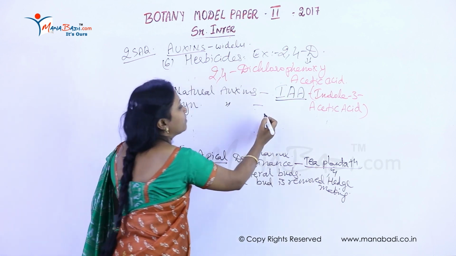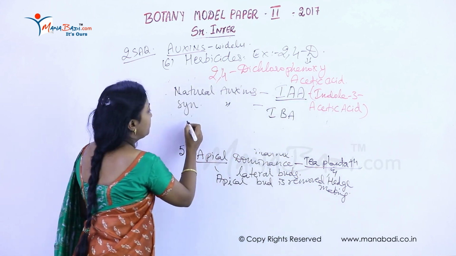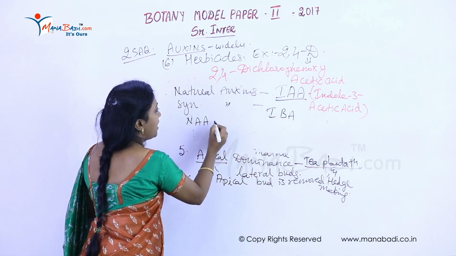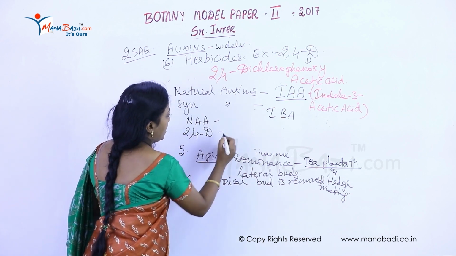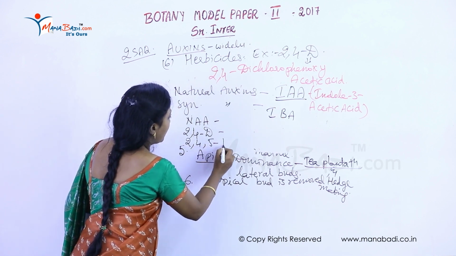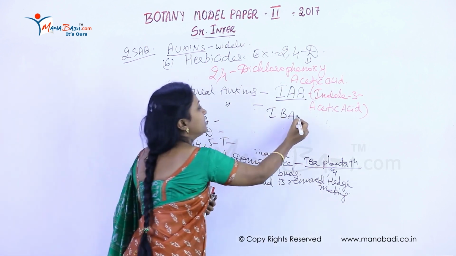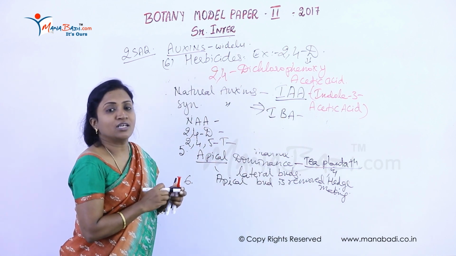Examples are IBA, NAA, 2,4-D and 2,4,5-T.